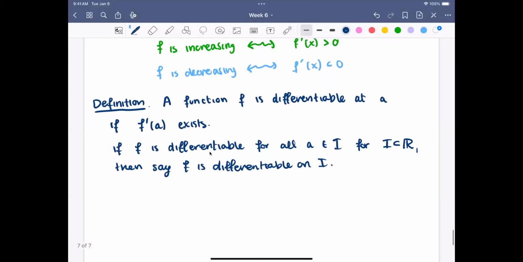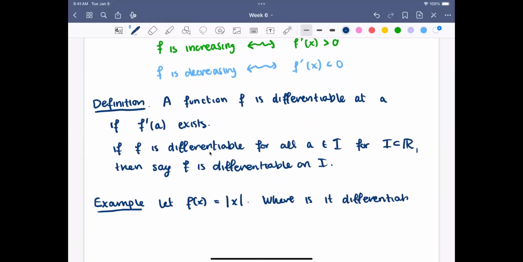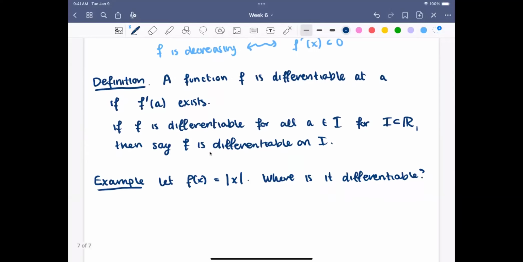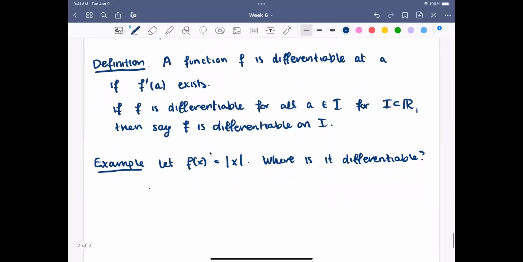Okay, so let's do this absolute value example. Let f of x be equal to the absolute value of x, and we'll find where it is differentiable. Let's write down the definition of absolute value of x. It falls into a few cases.